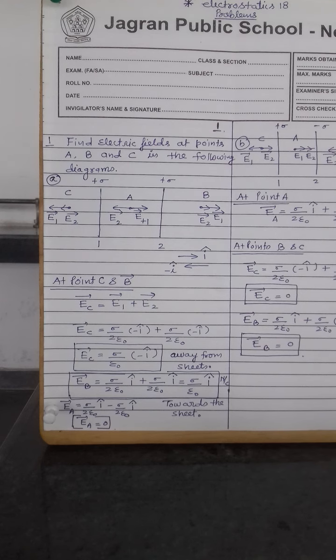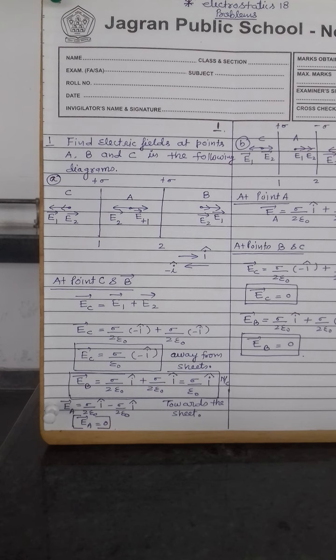So again I am calculating the electric field at point C and B. Okay. So at point C, electric field due to the first plate is sigma upon 2 epsilon naught away from the sheet. It means in the direction of minus I cap.